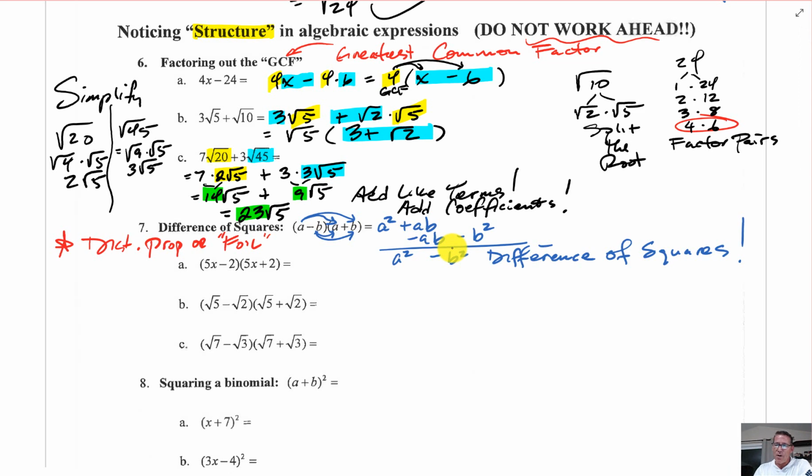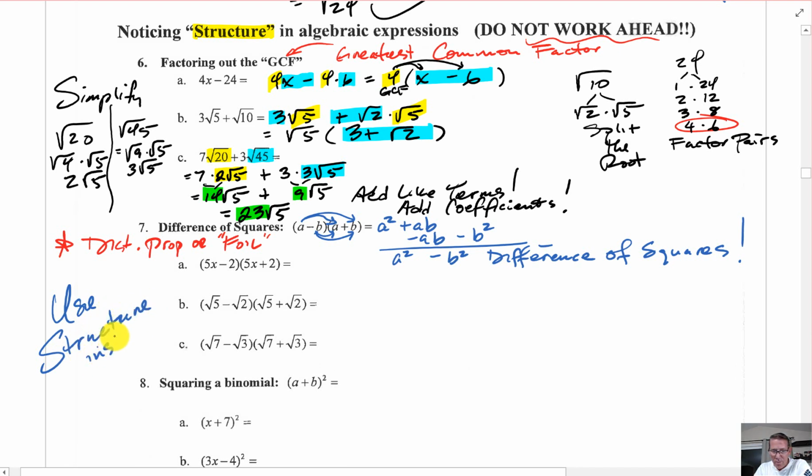Okay, so let's do it. Now, instead of using FOIL, you use the structure. So use structure instead of FOIL. So don't work ahead.